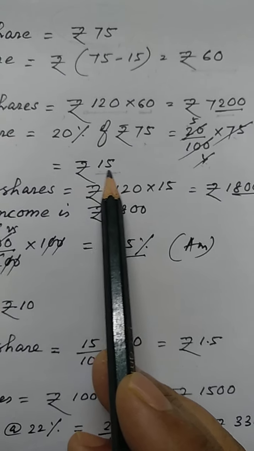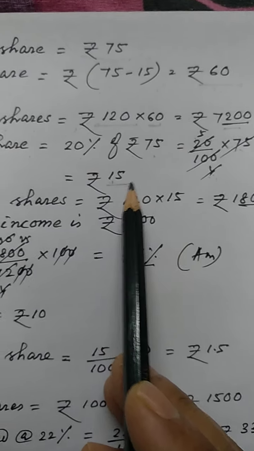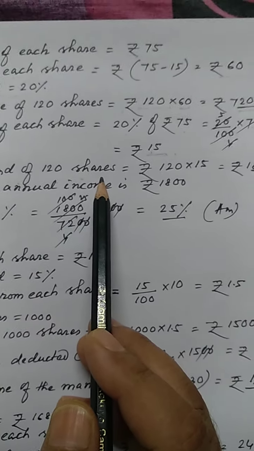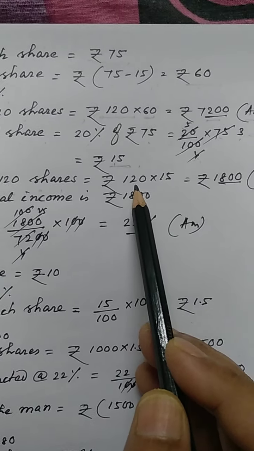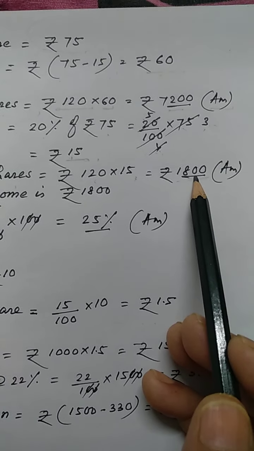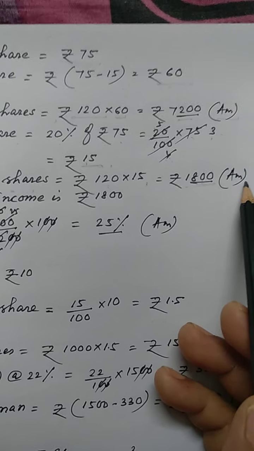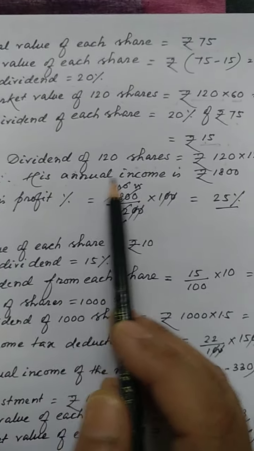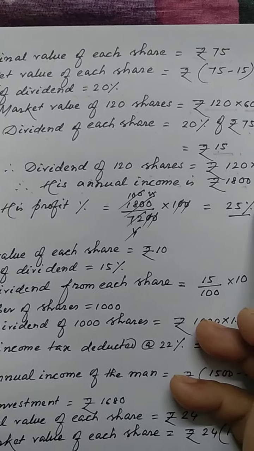This will be the dividend of each share. Now dividend of 120 shares equal to 120 into 15, and that is rupees 1800. So his total dividend is rupees 1800, that means his annual income is rupees 1800.